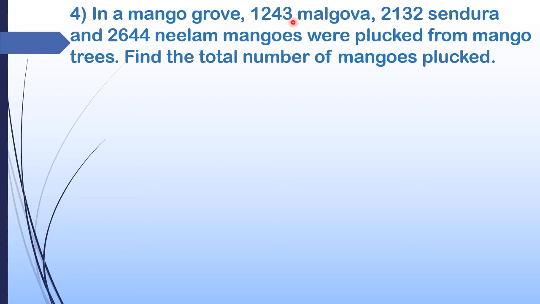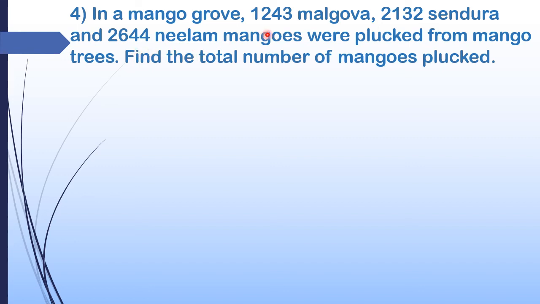Okay. So Malgova, Sendura, Neelam are varieties of mango. So here in a mango grove, 1243 Malgova. Malgova is one variety of mango. So 2132 Sendura. Sendura is also one variety of mango. And 2644 Neelam. This is also one variety.